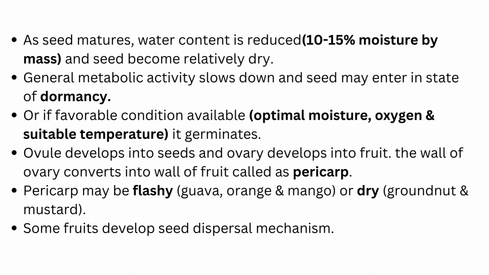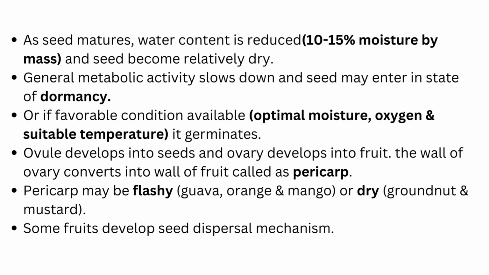As the seed matures, water content is reduced to 10 to 15% moisture by mass and the seed becomes relatively dry. General metabolic activity slows down and the seed may enter a state of dormancy. If favorable conditions are available, optimal moisture, oxygen and suitable temperature, it germinates.